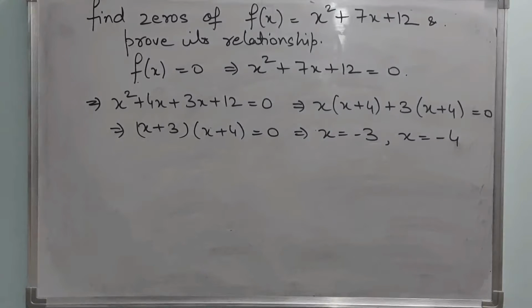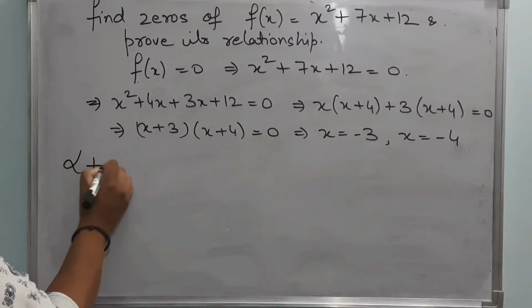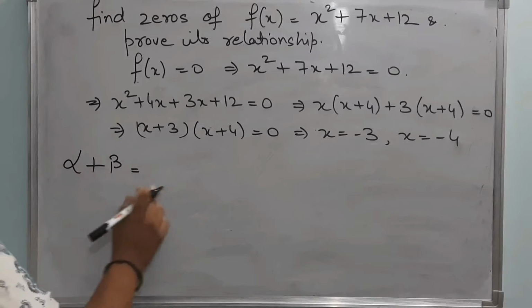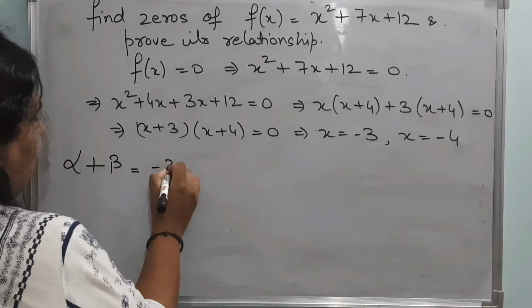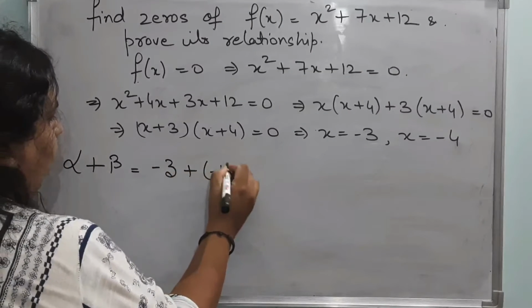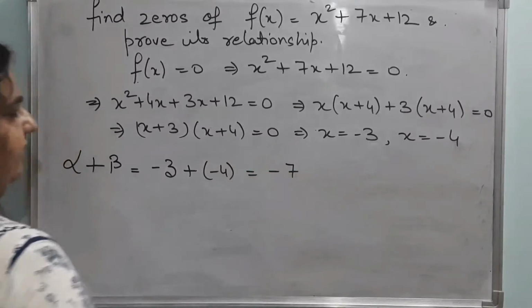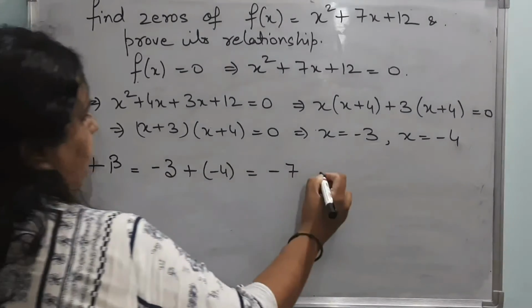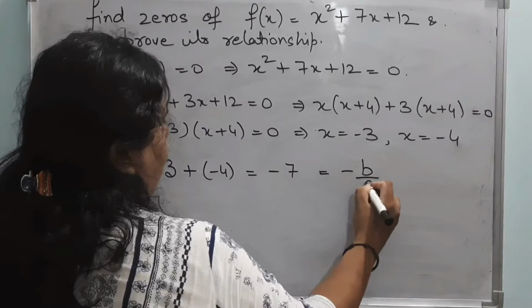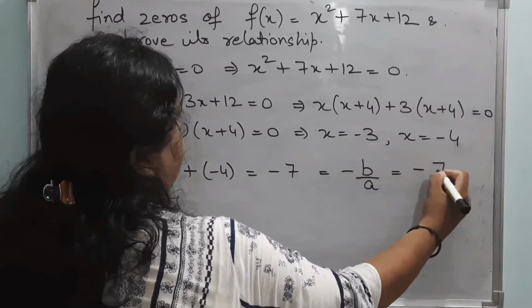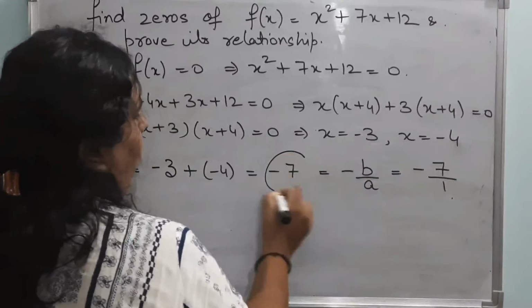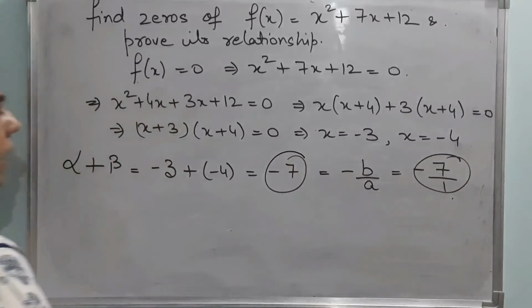Now we have to find the relation. So alpha plus beta, the two zeros: minus 3 plus minus 4 equals minus 7, and minus b on a equals minus 7 on 1. So this proves correct.